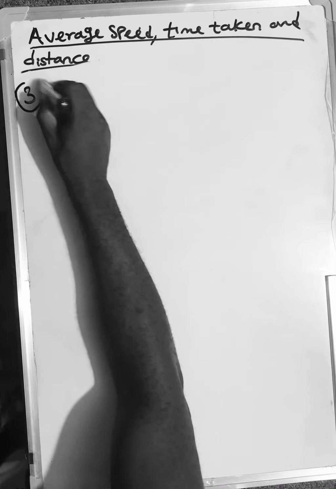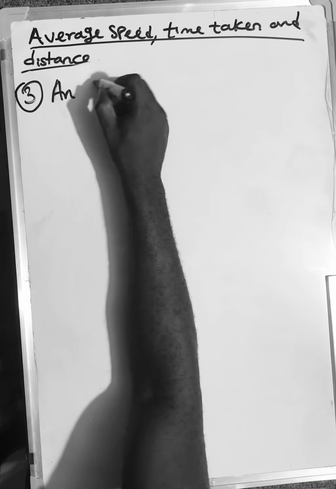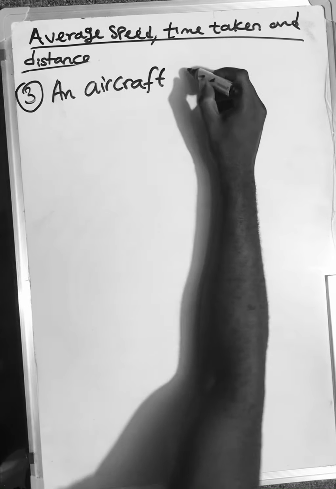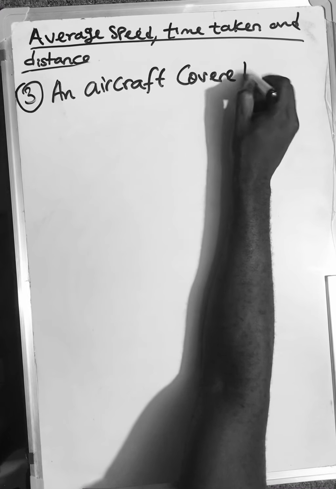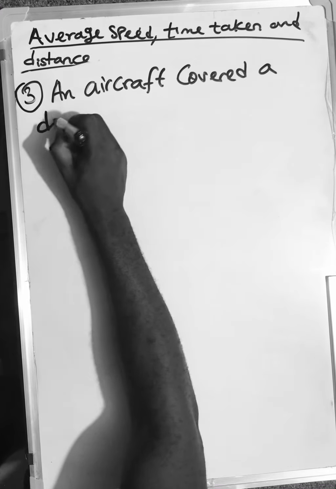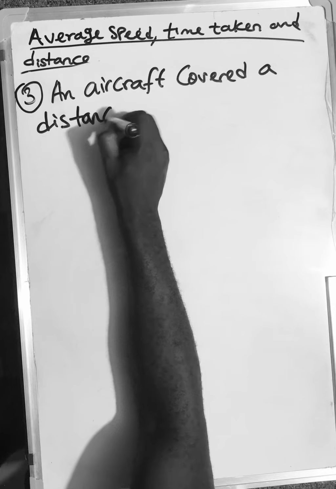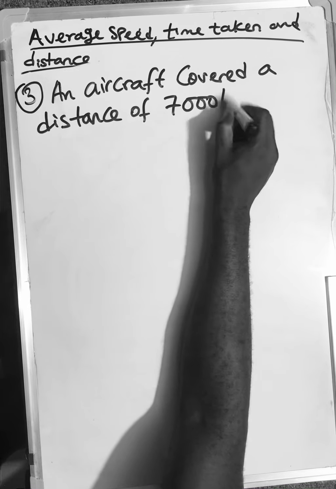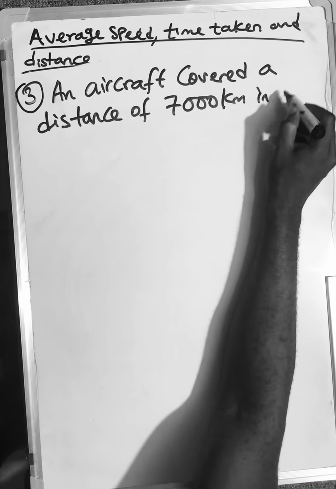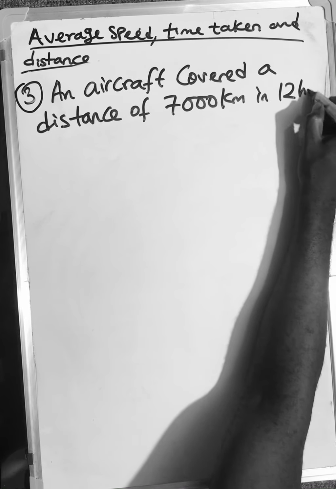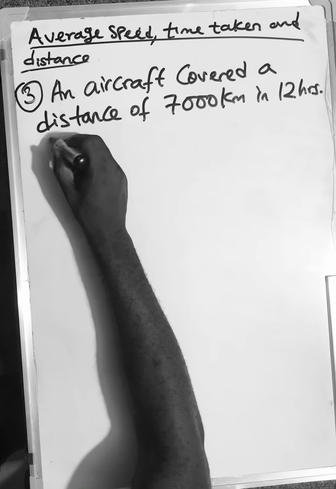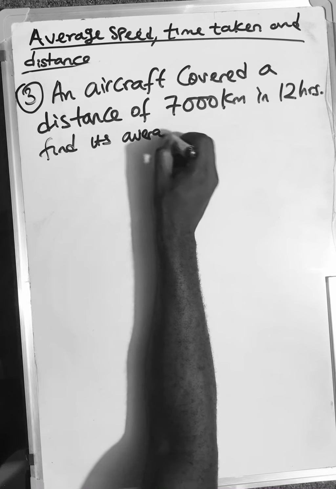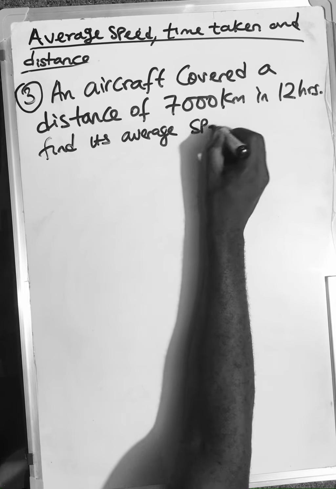The third question: I have an aircraft that covered a distance of 7,000 kilometers in 12 hours. Find its average speed.